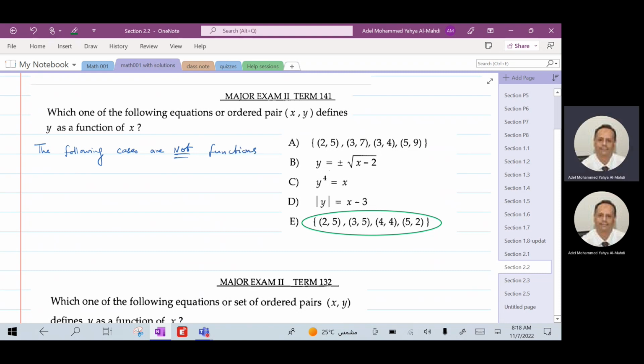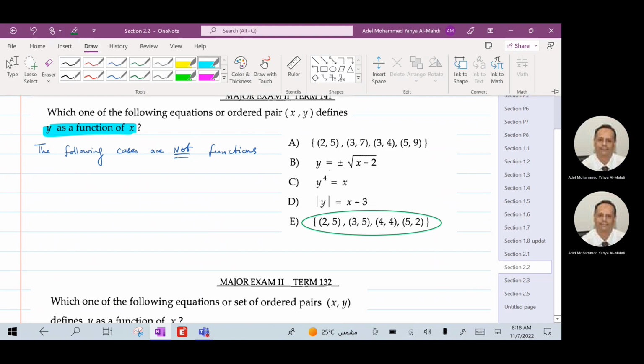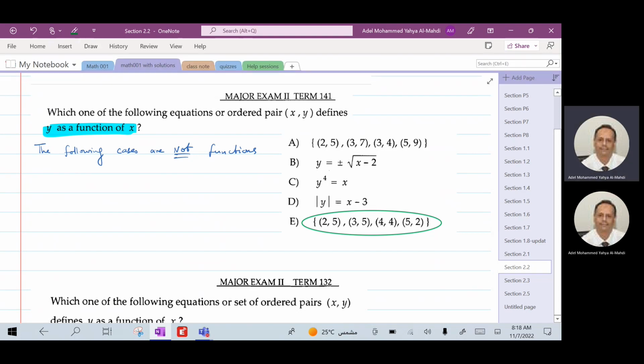Of course, we consider y as a function of x. If you switch, something will be different, so be careful about this one. It is important. y is a function of x. What are these cases?